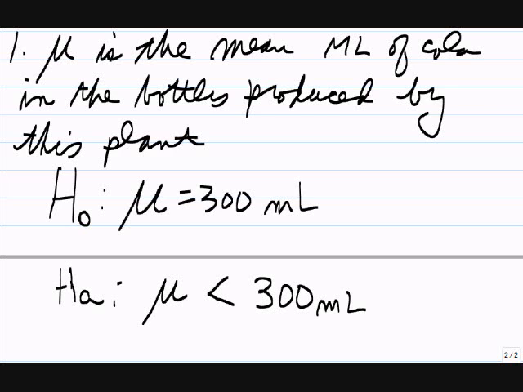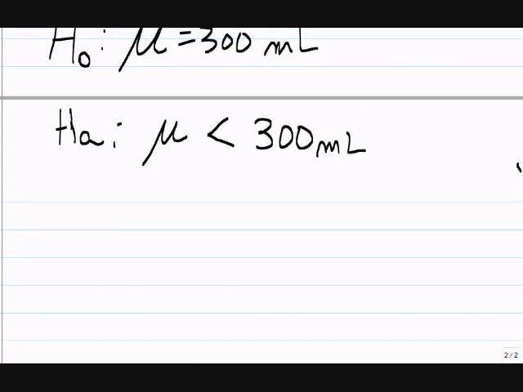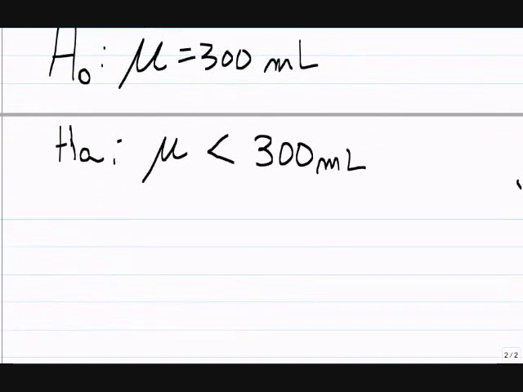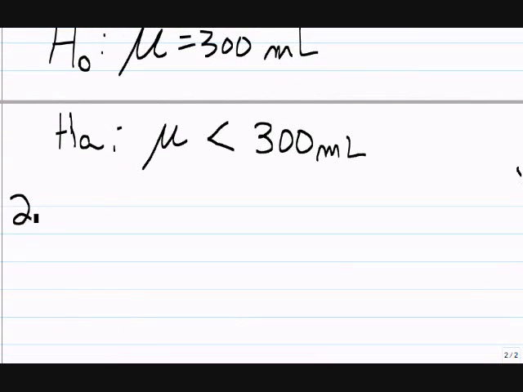All right. What do you figure step 2 is? Come on. Conditions and the name of test. Okay. Yes. So your test is a significance test for a population mean.